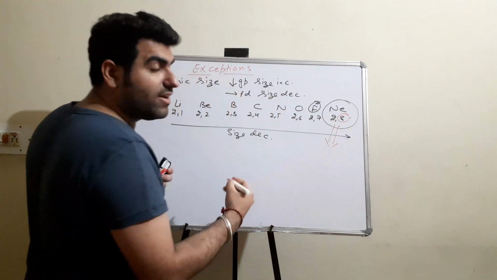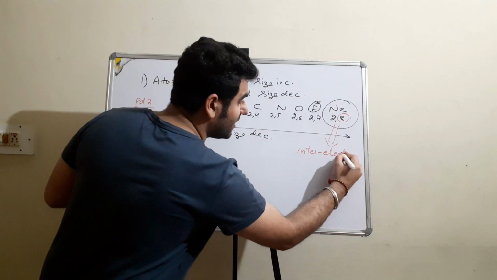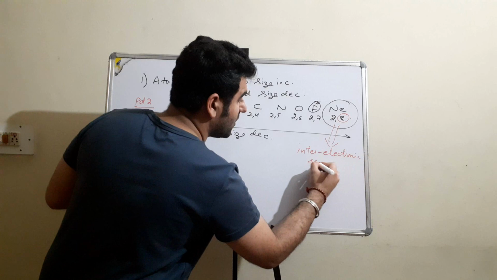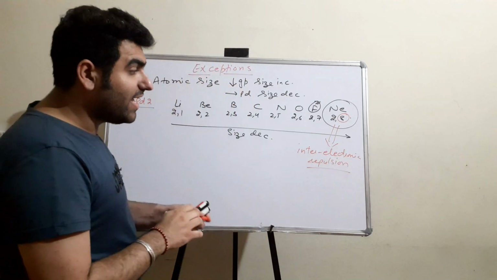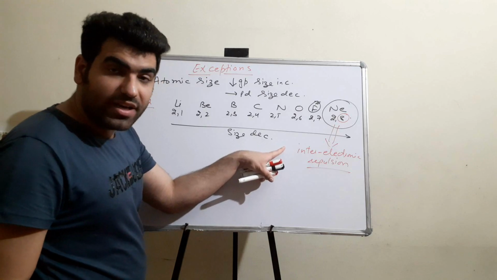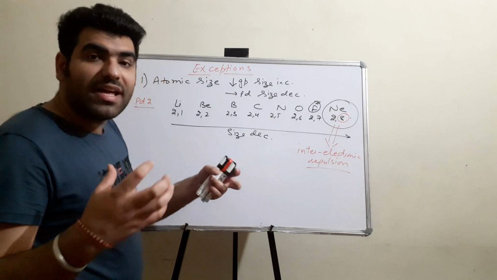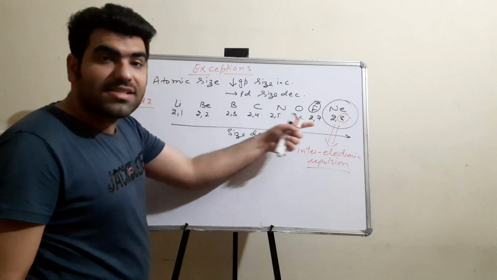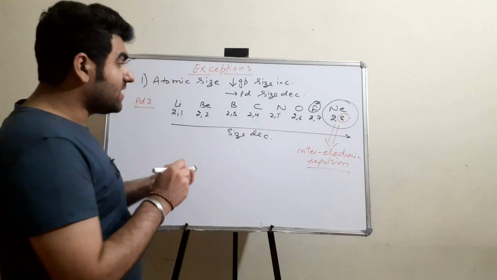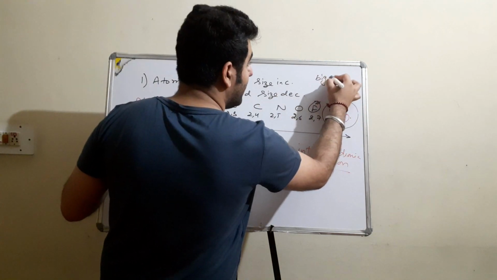This results in a very important phenomenon known as interelectronic repulsion. By having fully filled shells, there arises an interelectronic repulsion, which means the electrons are pushing themselves away from one another. If they are moving away, it means the size will increase. So here neon has the bigger size.